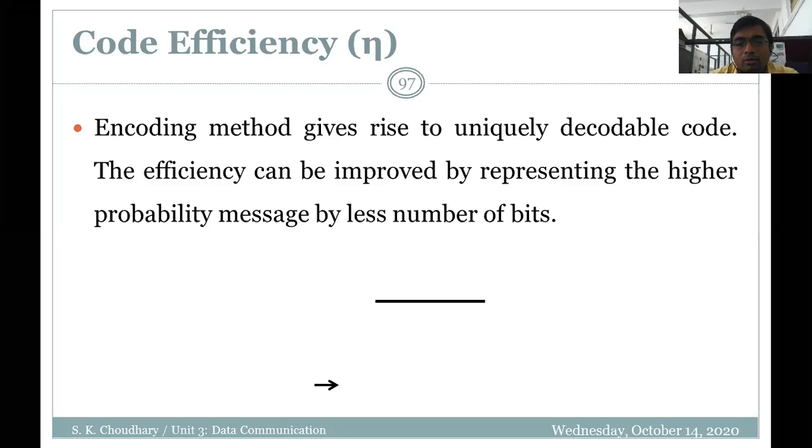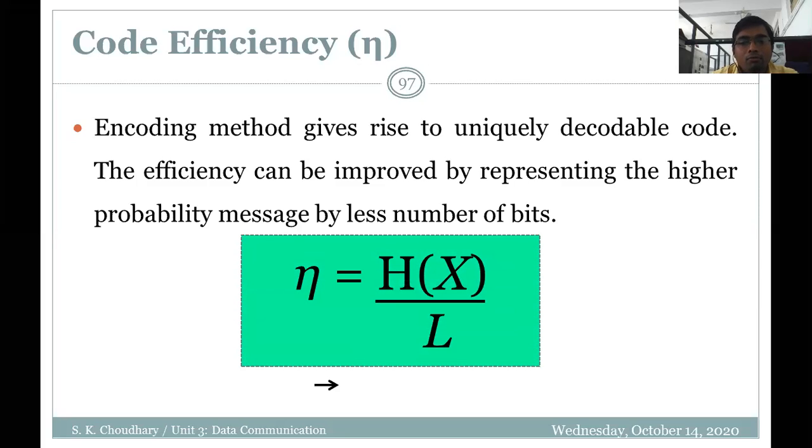Okay, so we can define the formula of the code efficiency by using the term eta. Eta is equal to H(X) upon L. H(X) is here the source entropy, and L is the average code length. Okay, and this formula is actually valid for binary codes.